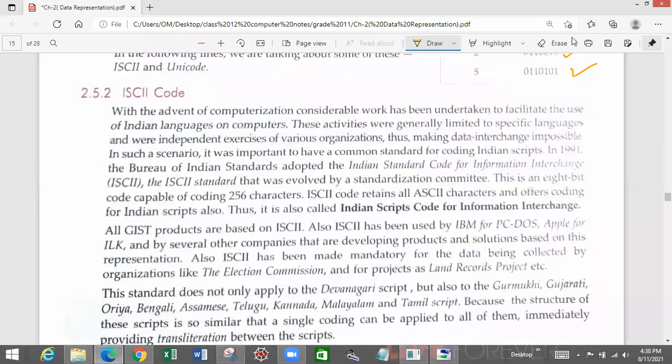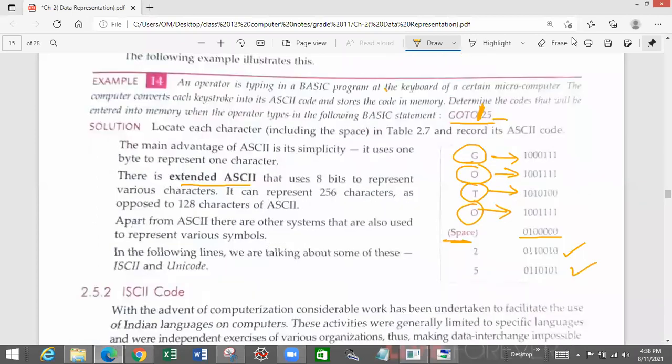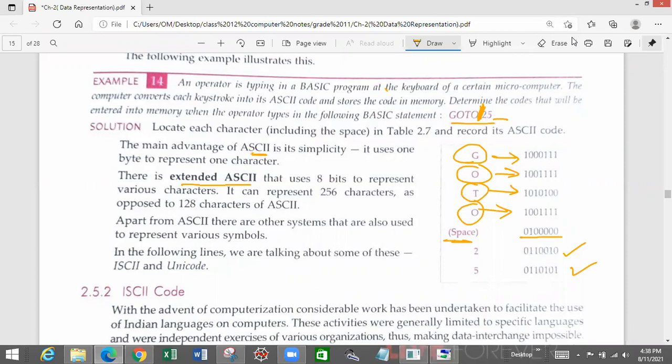After ASCII 7, we have an extended version, which is called ASCII 8 or extended ASCII. In this one, in place of 7-bit representation, we use 8-bit representation.